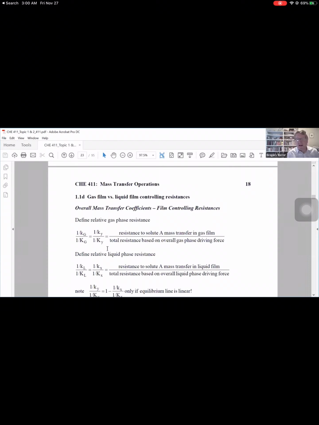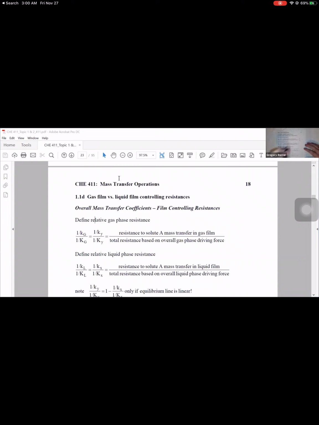So one way to look at how we define those resistances would be to just consider that this is all equal to big ky on little ky, and that's going to be less than or equal to 1.